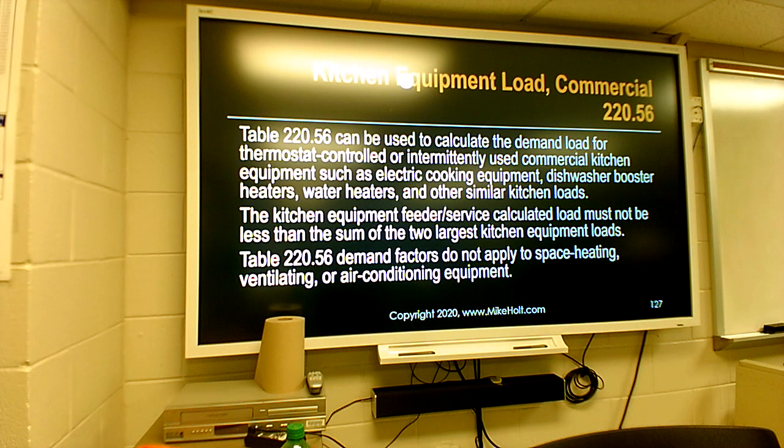The kitchen equipment feeder service calculated load must not be less than the sum of the two largest kitchen equipment loads. The demand factors of 220.56 do not apply to space heating, ventilating, or air conditioning equipment.